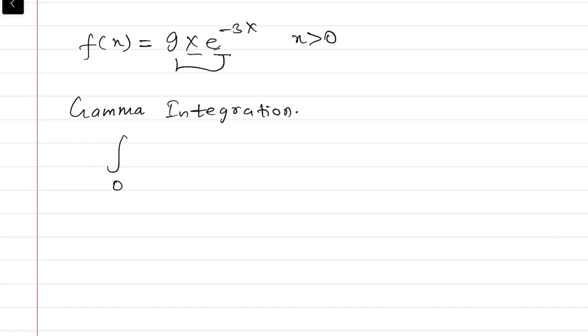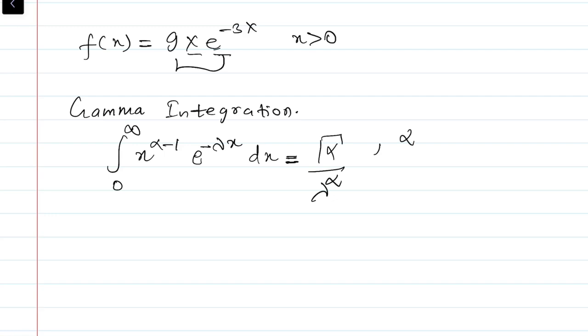The range is 0 to infinity and the function is x to the power alpha minus 1 e to the power minus lambda x dx, and the integration of this form is gamma alpha divided by lambda to the power alpha, where alpha is a positive integer and lambda is greater than 0.